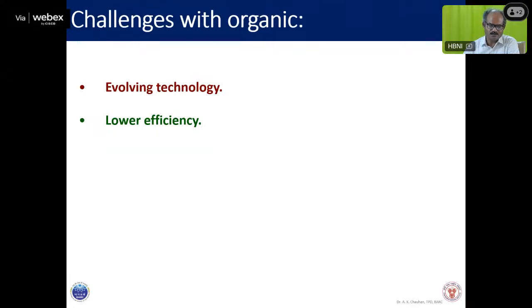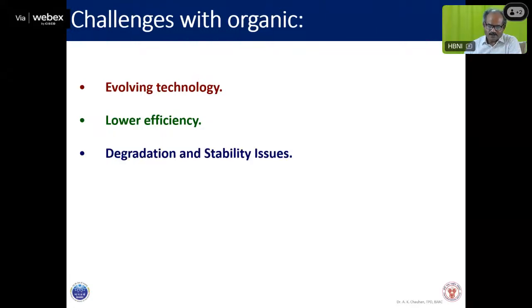People have been doing it for so many years, so it is taking time. Then efficiencies are low. And why are these low? In the next slides we will see how light is converted, though the basic steps are the same, and how charge is transported. There are some issues, and therefore the efficiency is low.